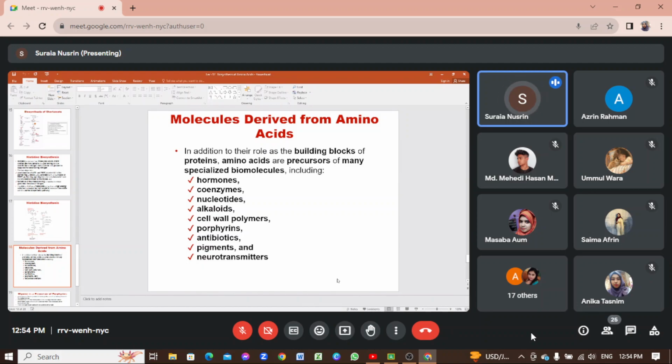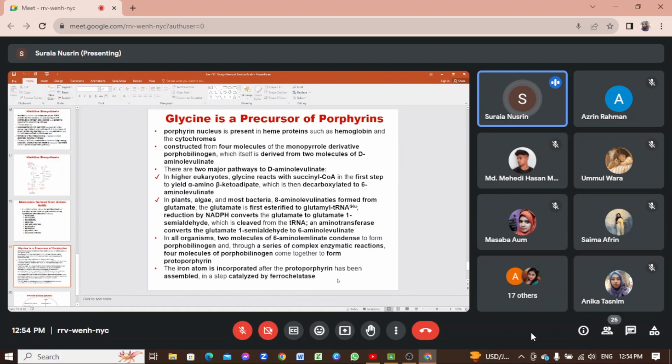We are just focusing here on the biosynthesis of porphyrin. If you remember, porphyrin is part of the heme prosthetic group, which is present in the proteins hemoglobin and cytochrome. Porphyrin has a ring structure, called the porphyrin ring or porphyrin nucleus.